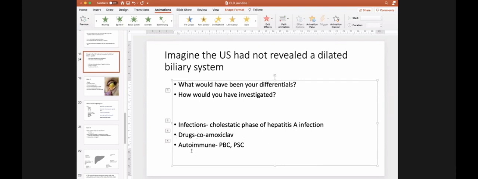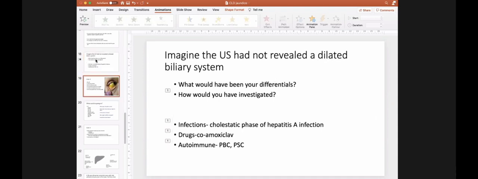And then there are autoimmune conditions which can cause cholestasis, like primary biliary cholangitis or primary sclerosing cholangitis. Primary sclerosing cholangitis, why I have put it here is because in primary sclerosing cholangitis, the duct system is very fibrous. So even though it's a kind of extrahepatic pathology, the duct system is not dilated, right? So that's a fine point.